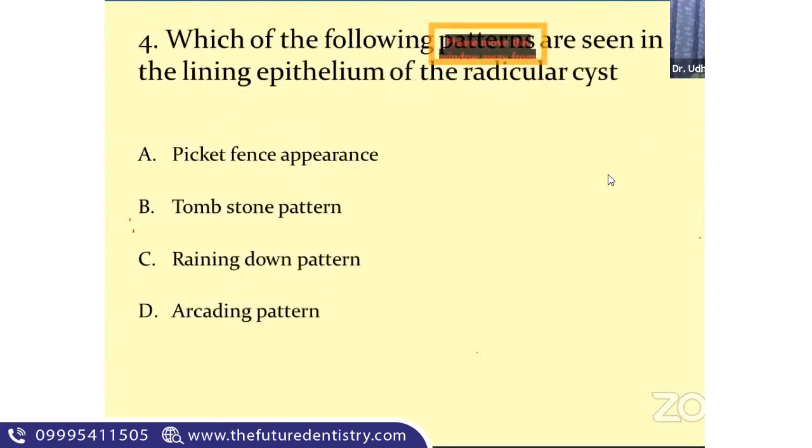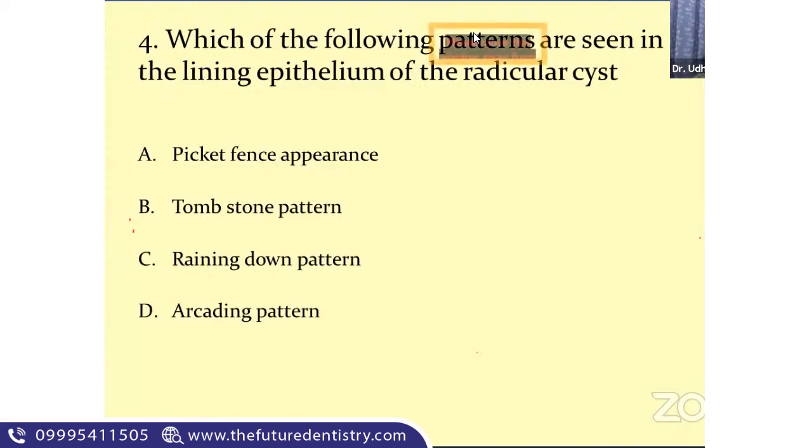Good. Which of the following patterns are seen in the lining epithelium of a radicular cyst? That's good. It's the arcading pattern. Picket fence appearance and tombstone appearance are seen in the keratocystic odontogenic tumor. Very good, Dr. Gauri.